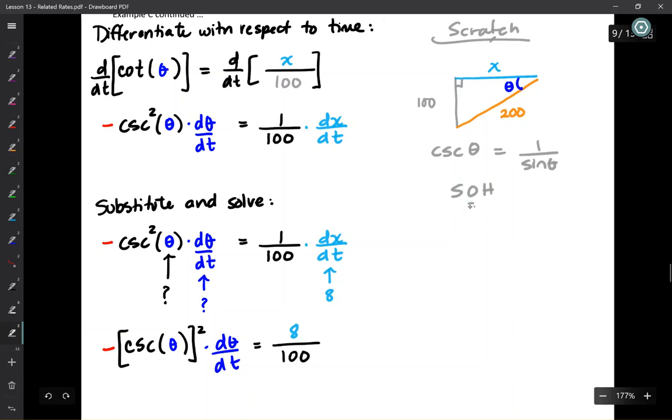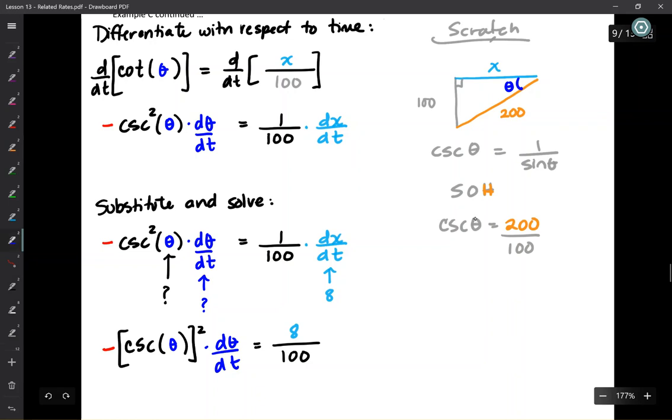The cosecant of theta is hypotenuse over opposite.